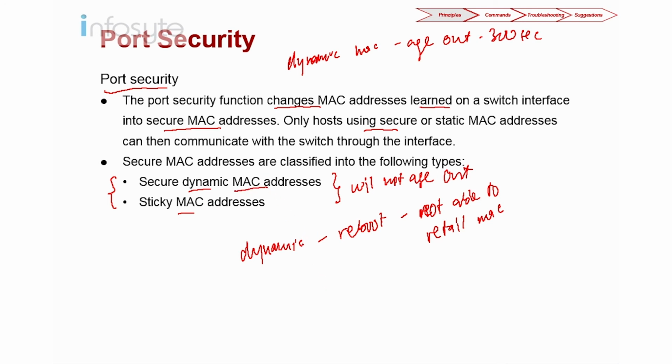Whereas for sticky, when the first time you connect to the port with port security sticky enabled, it will be stuck there, sticky as its name suggests. So even though you reboot the switch, it will not remove it. You do not need to relearn it.